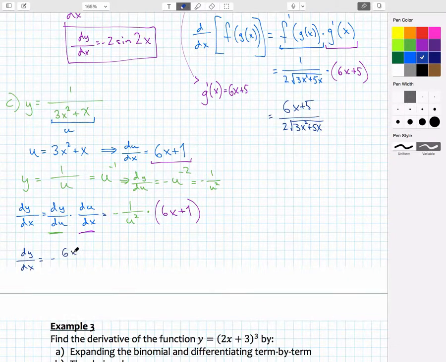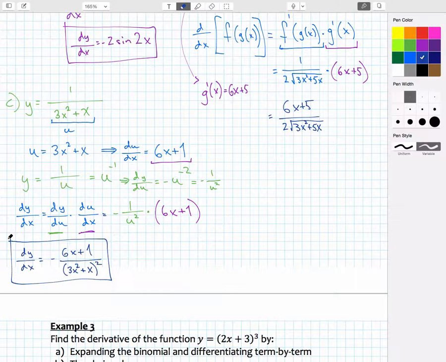So I'll get negative 6x plus 1 divided by u squared. But remember, u was 3x squared plus x. And now we've got an expression for our derivative right there.